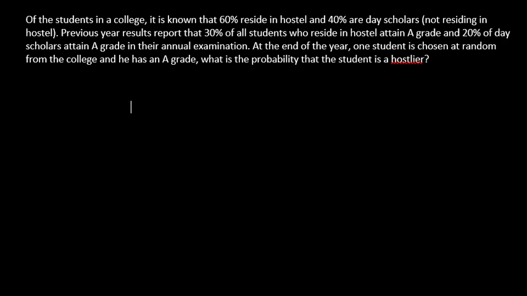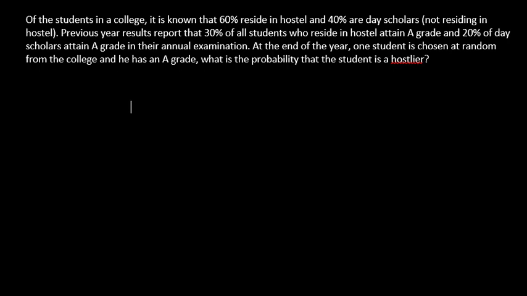Okay, now let us move to this third question. Of the students in a college, it is known that 60% reside in hostel and 40% are day scholars, not residing in the hostel.